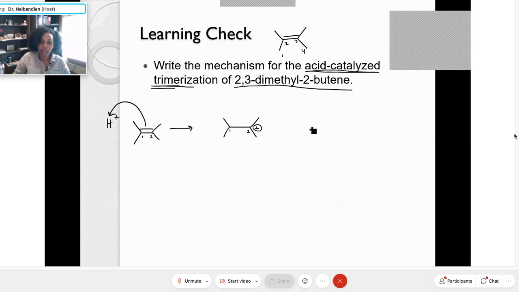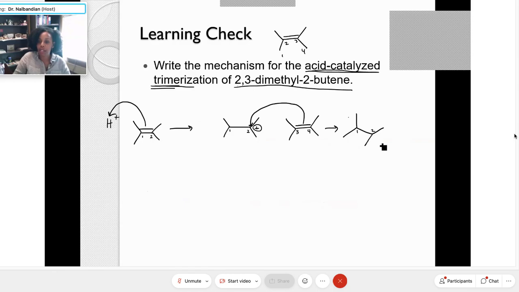So what do we do now? We react these 2 together. So I'm going to call this 3 and I'm going to call this 4. So from here, the middle of this bond to carbon 2. Here's my carbon 1, here's my carbon 2.